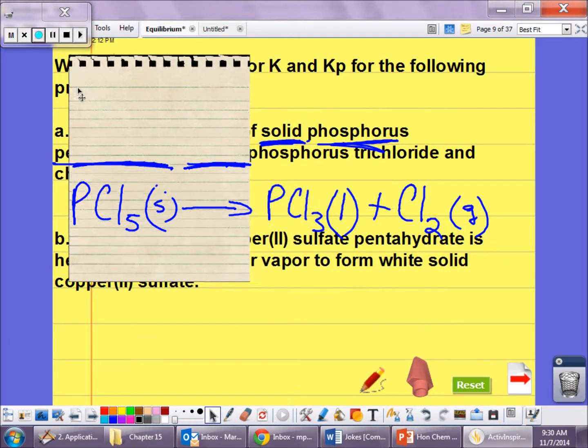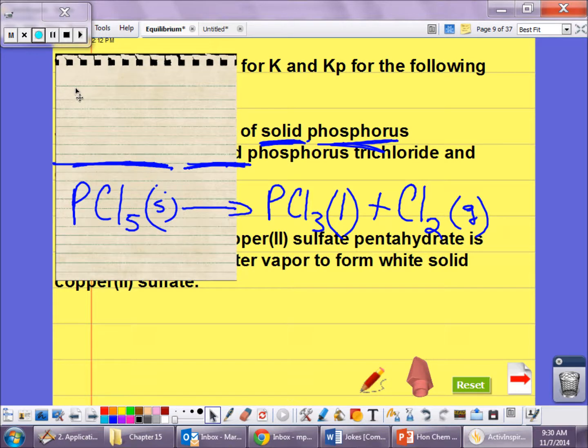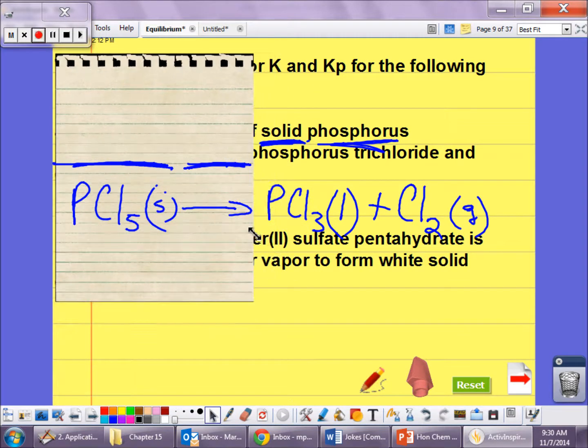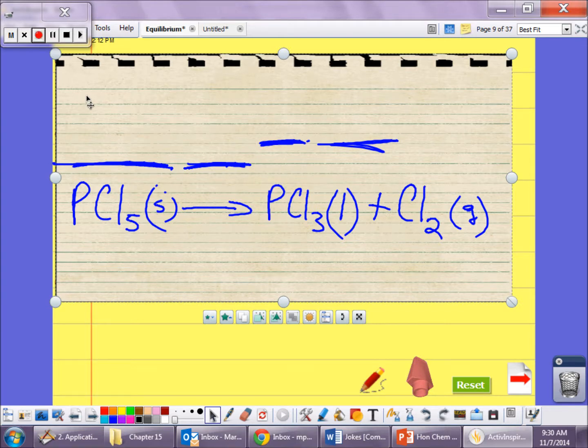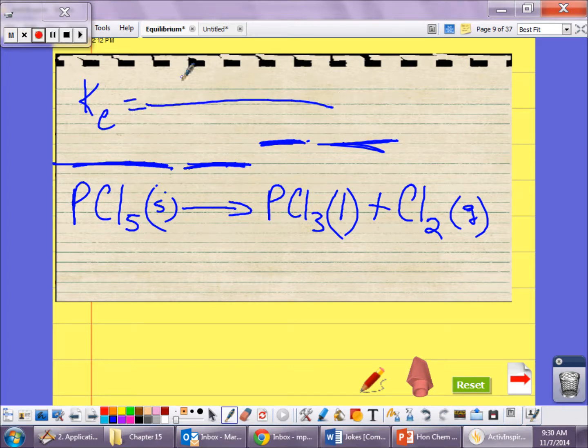So I write down the expression. They asked me for Kc. I write Kc equal, I put my fraction bar, I put brackets, there are 2 products.